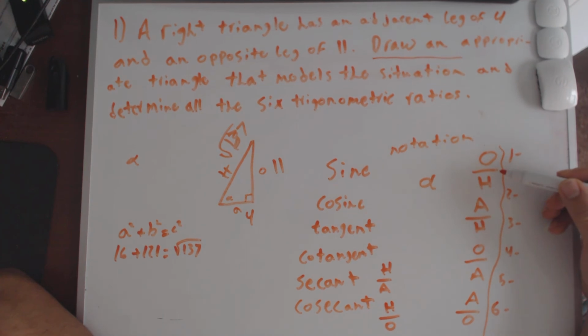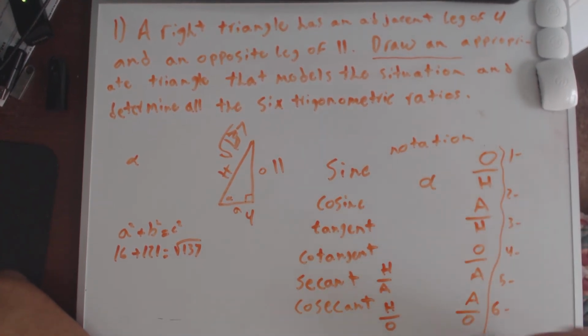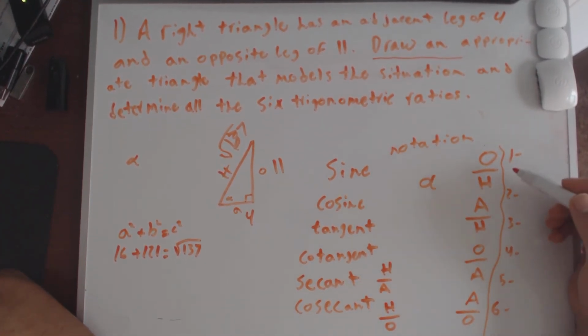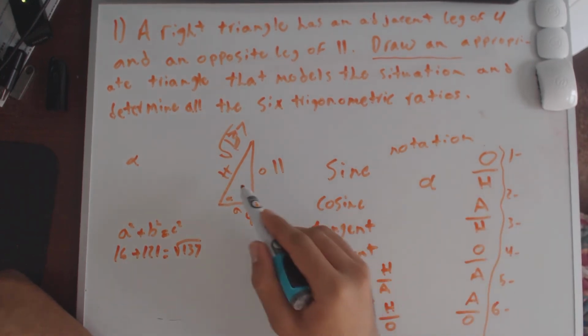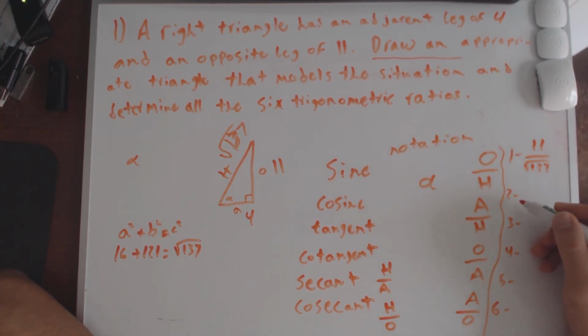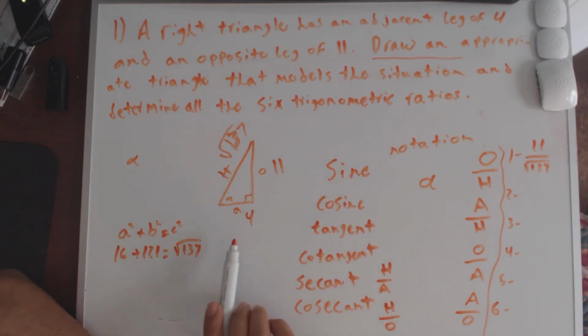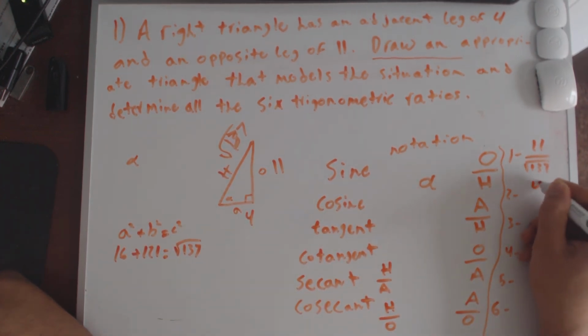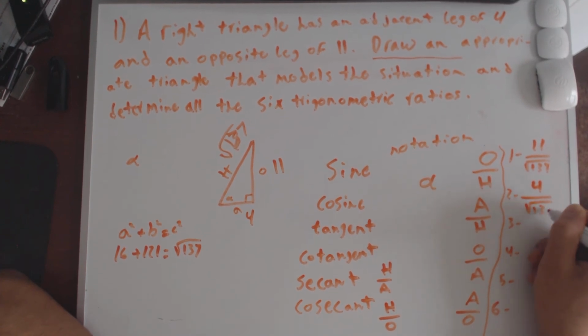So according to the rules of ratios, sine is opposite over hypotenuse, which is 11 over the square root of 137, and cosine is adjacent over hypotenuse, which is 4 over the square root of 137.